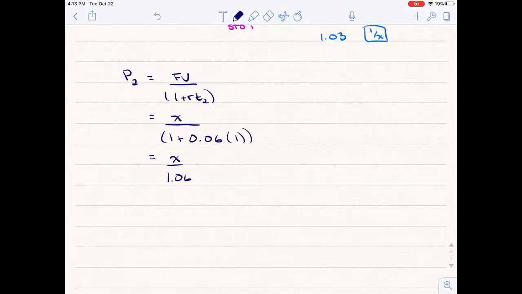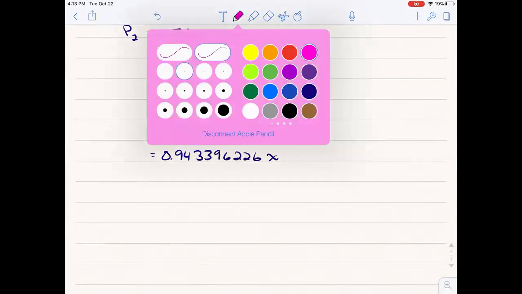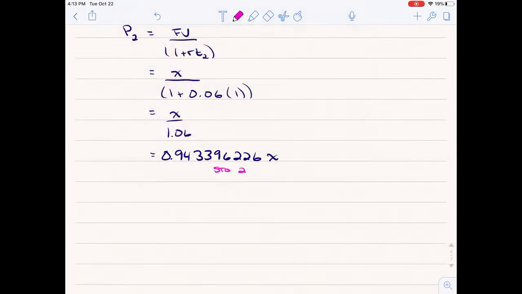Right, so 1.06, 1 over X. I get 0.943396226 X. I'm going to store this in 2. You can see how you want to be storing these because they all look very similar, right? They're slightly different, but we don't want to be entering them in manually.